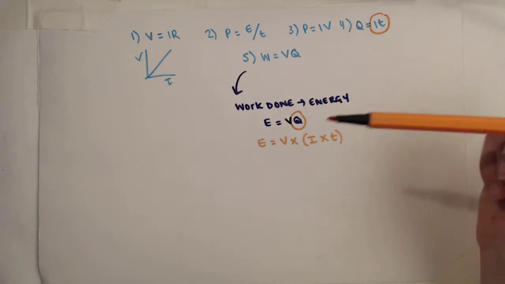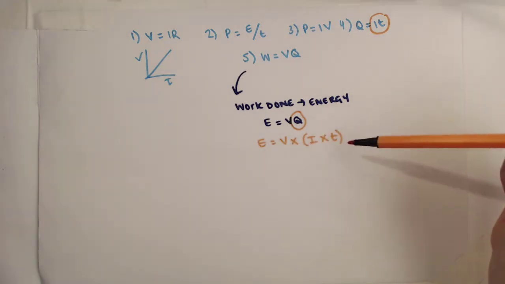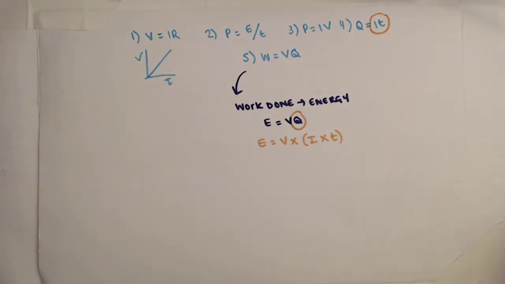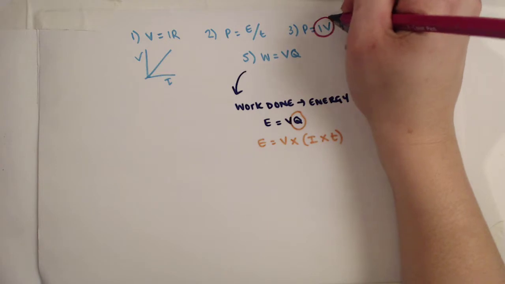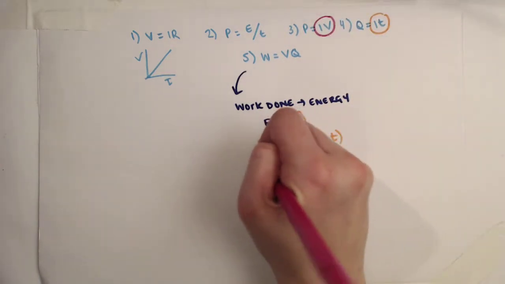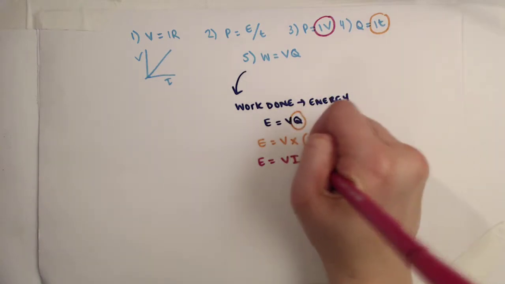So if energy is equal to voltage times current times time, what we can note is that the power is equal to IV.